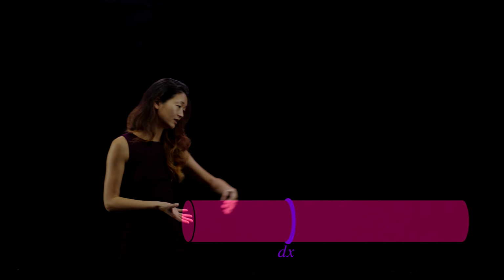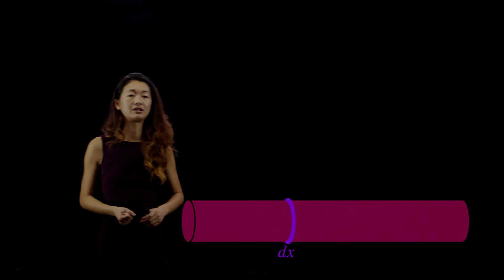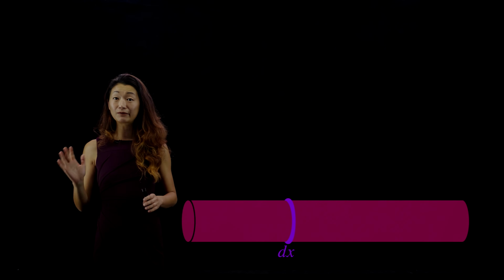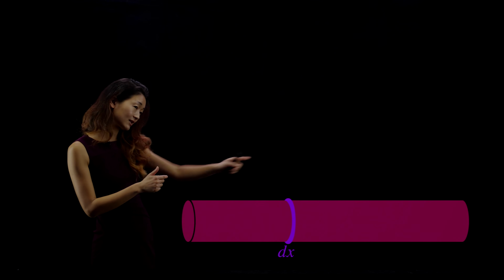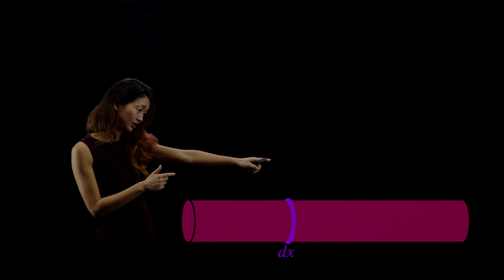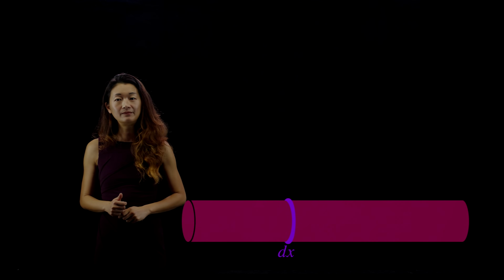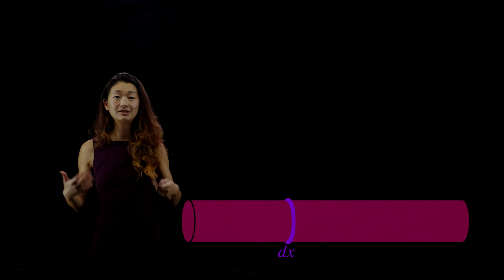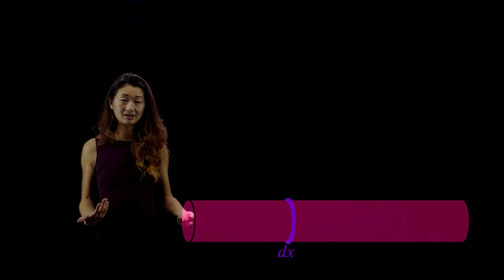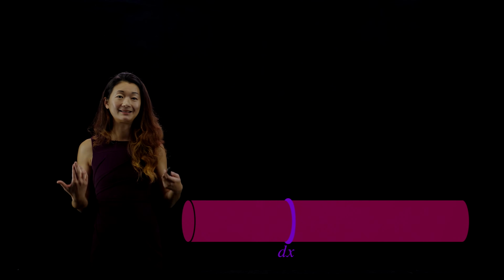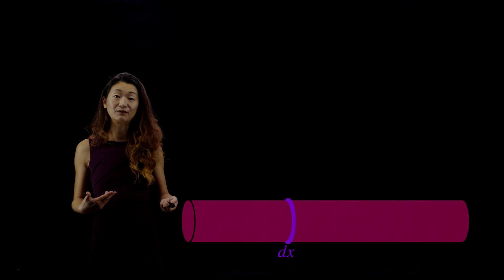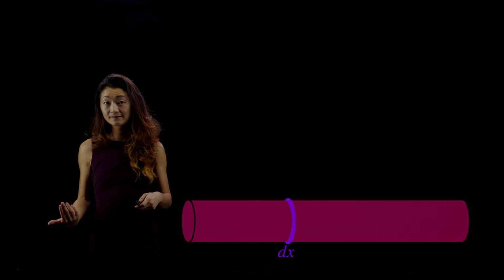In terms of a cylinder, we're talking about the length of the cylinder. And so instead of using t for time, I'm going to use x for this axial direction of the cylinder, right? So anytime we're talking about how voltage changes in space, we're going to call that dV dx to differentiate it from dV dt.